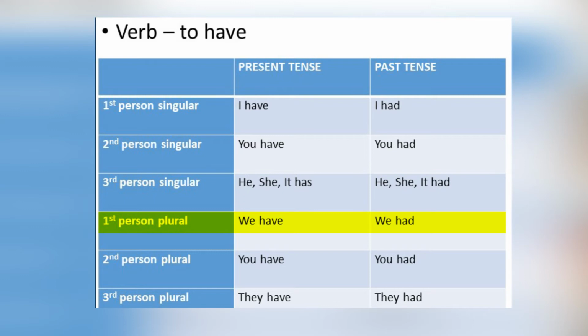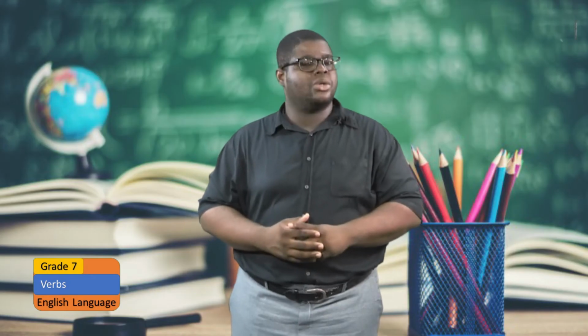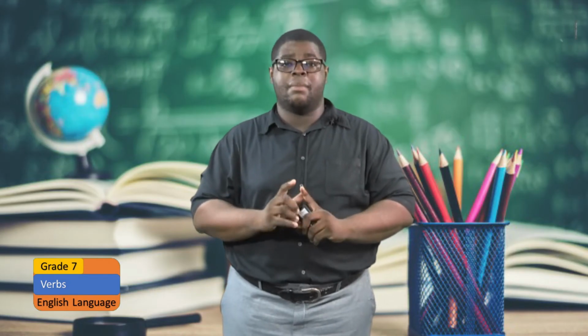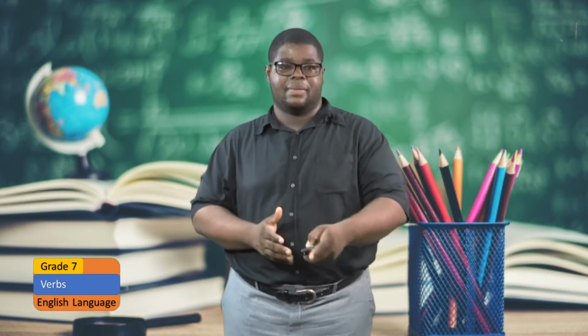First person plural, we have, in the past tense, we had. Second person plural, you have, and in the past tense, you had. Third person plural, they have, past tense, they had. All right? So the conjugation is very simple. And remember, when we conjugate, we're putting it into its parts.